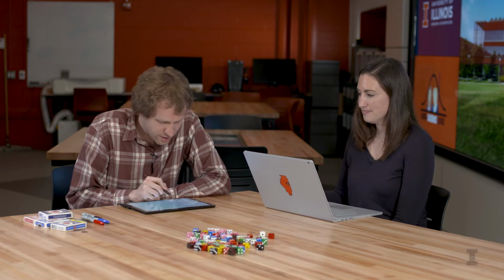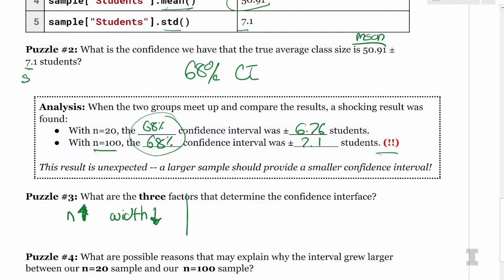So we have more of an idea what the true average should be. The second factor is variance, how much spread there is in the data. As the variance or the spread goes up, the width of the confidence interval goes up as well.